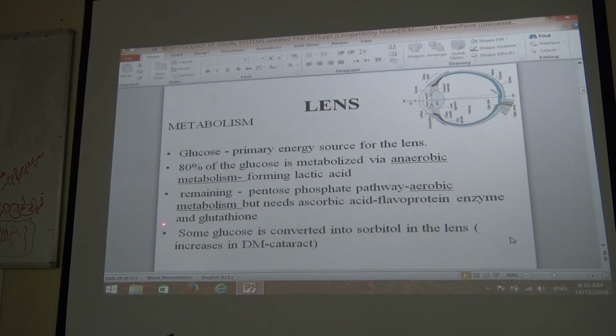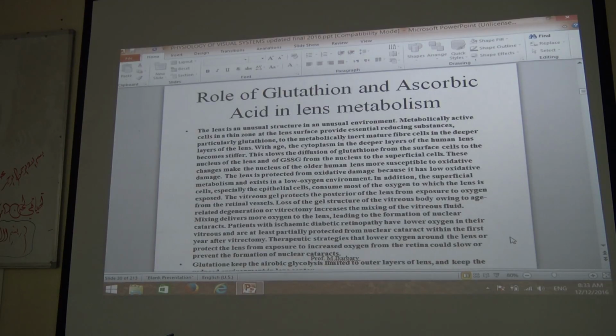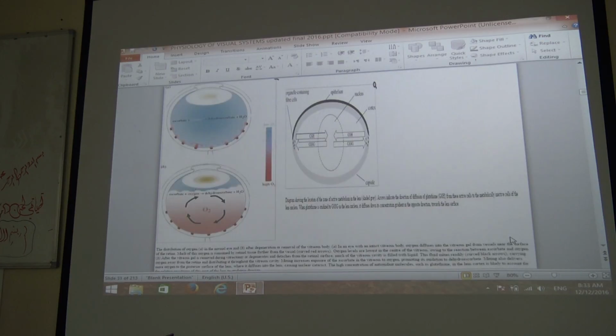Okay, as we mentioned, in diabetes there is accumulation of sorbitol, and this leads to opacification of the lens. Right? This is the mechanism of glutathione and ascorbic acid in lens metabolism. You can read it. There is no problem in reading it.